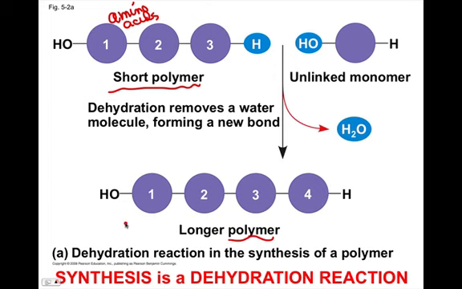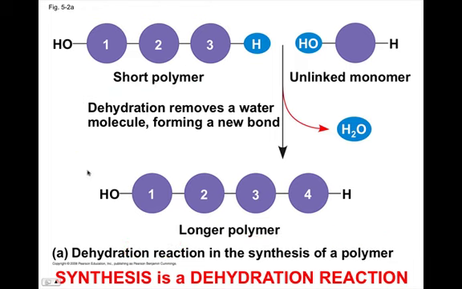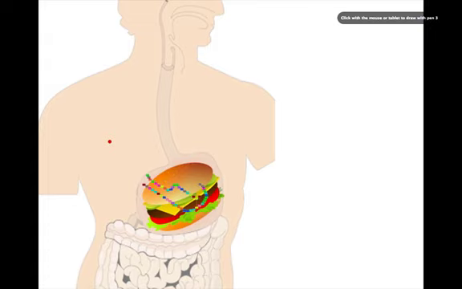And so the dehydration reaction leads to the synthesis of a polypeptide, a protein polymer. And in chapter 5, the book points out that many, many biological macromolecules are based on that polymer and that dehydration reaction.